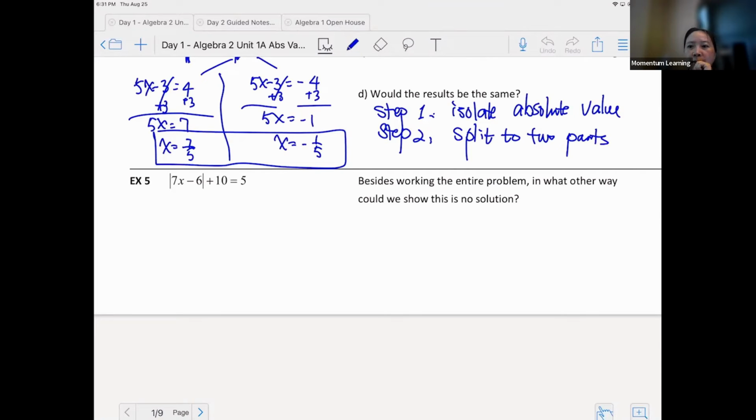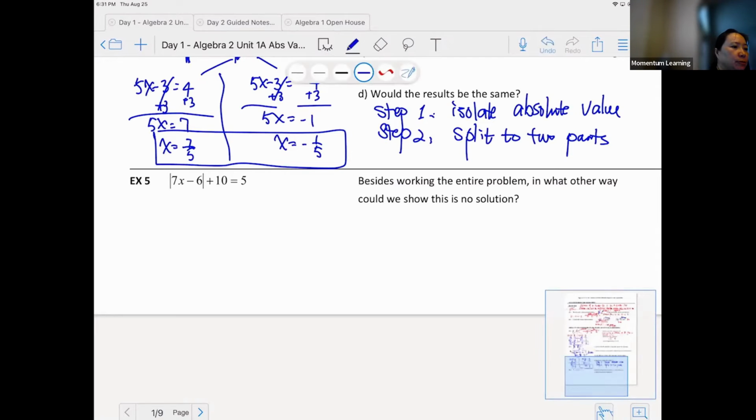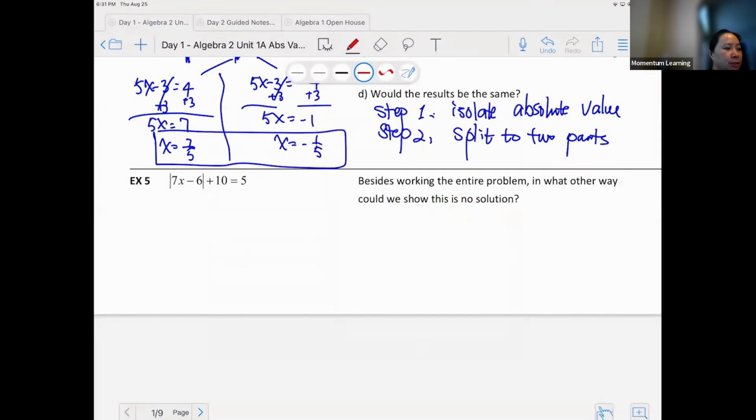I got quite a few of you. Correct. The distance, don't fall into the trap. The distance is not that 5. It's not 5. You have to isolate. So you need to minus 10 and minus 10. Isolate means just by itself. So cancel, and I have 7x minus 6 equals -5. I want you to continue to solve.